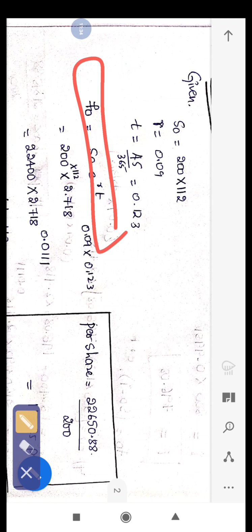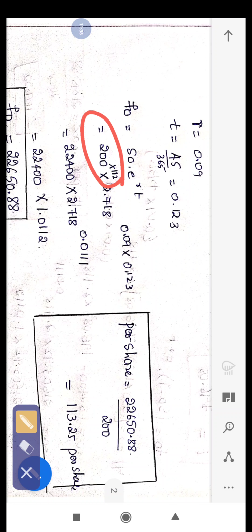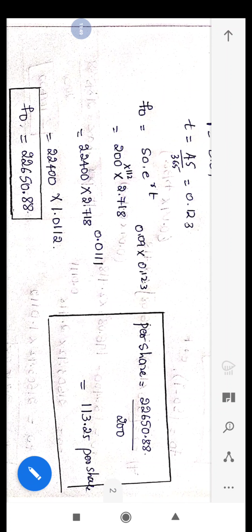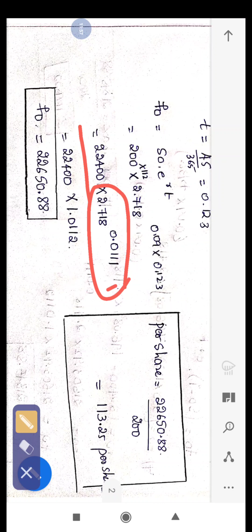Now the normal formula without dividend is S0 into e to the power of rT. So S0 here 200 into 112 into log value 2.718 to the power interest 0.09 into T is 0.123. If we simplify this, we will get 22,400, and power you already know how to calculate this.